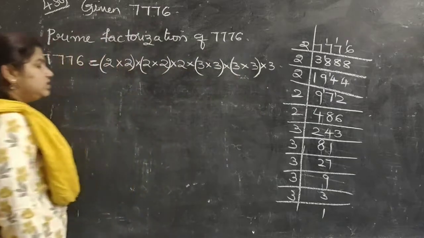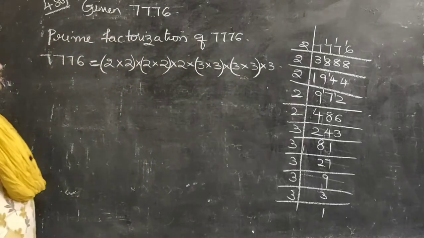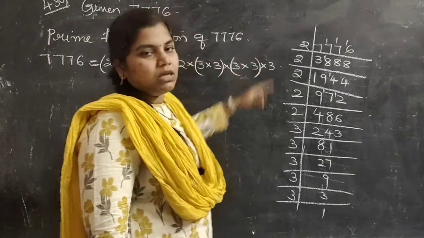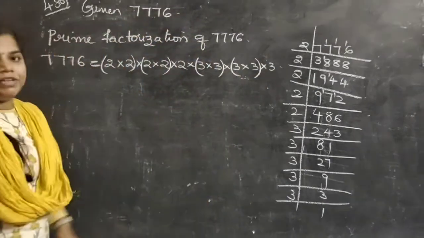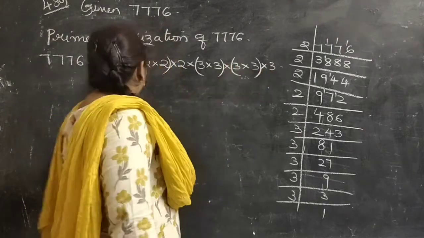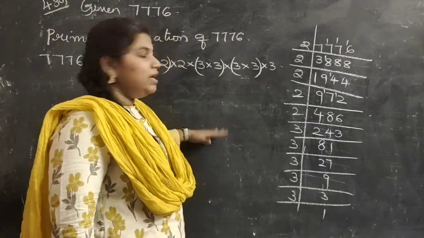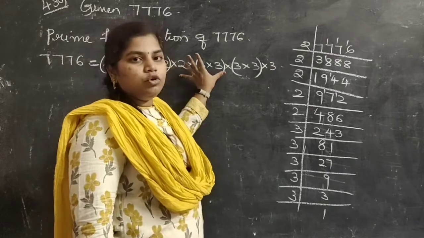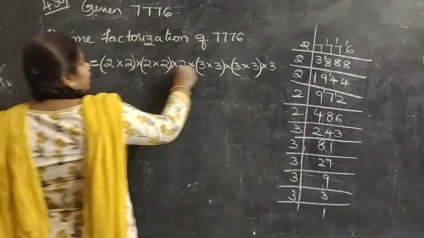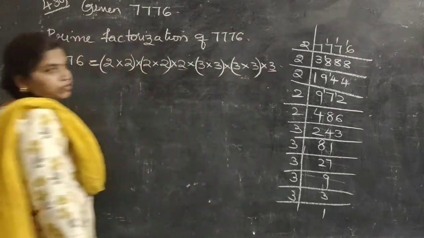So these are the pairs for the given number, and which numbers are remaining here? 2 and 3 are not available in the form of pairs. So which numbers do we have to divide now? 2 and 3 are remaining. So if you divide the whole value by 2 and 3, what remains in the numerator will become a perfect square. So here 2 and 3 we have to divide.